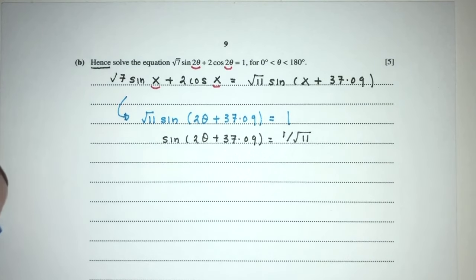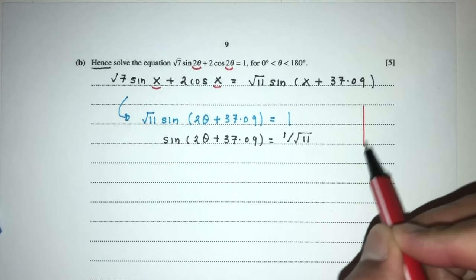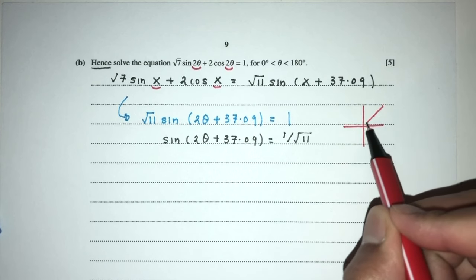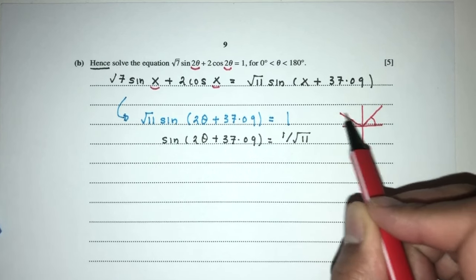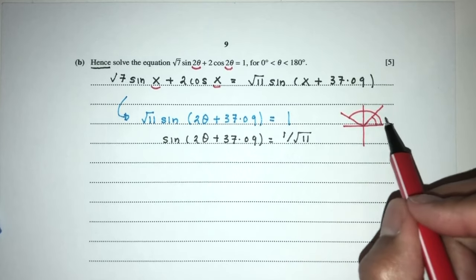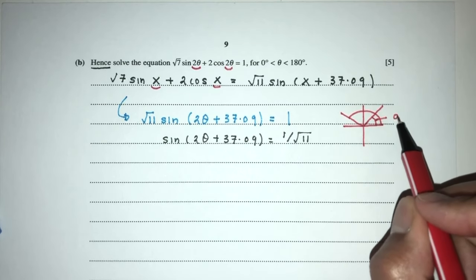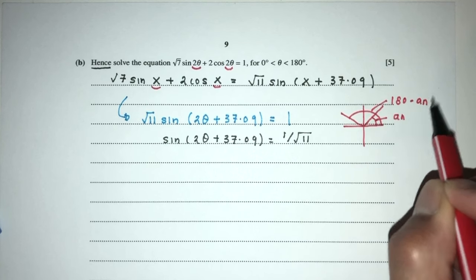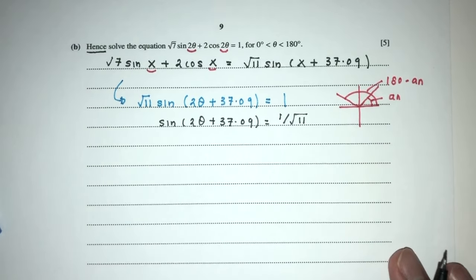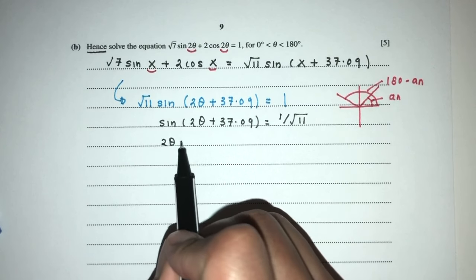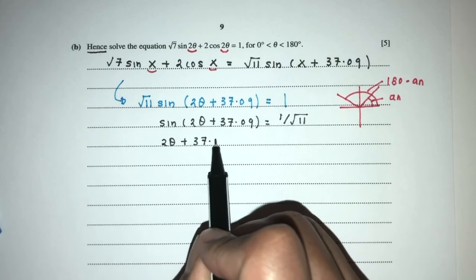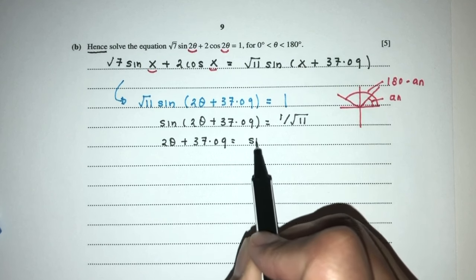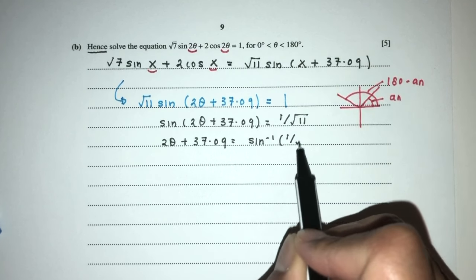Now because sine is positive, we know that it will be in the first quadrant and in the second quadrant. That will be the value of the angle, let's call it angle, and this is 180 minus angle. So let's see what we can have here. We have 2 theta plus 37.09 has to be sine inverse of 1 over root 11.